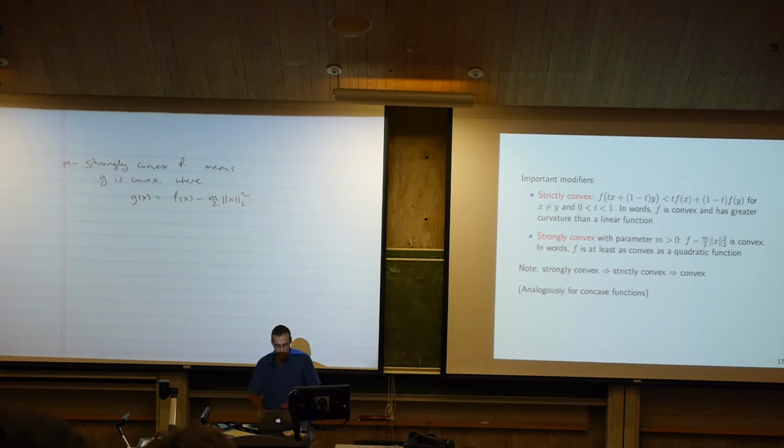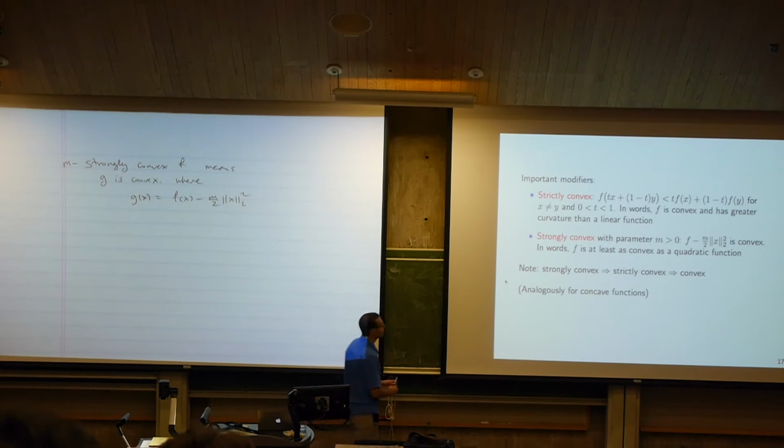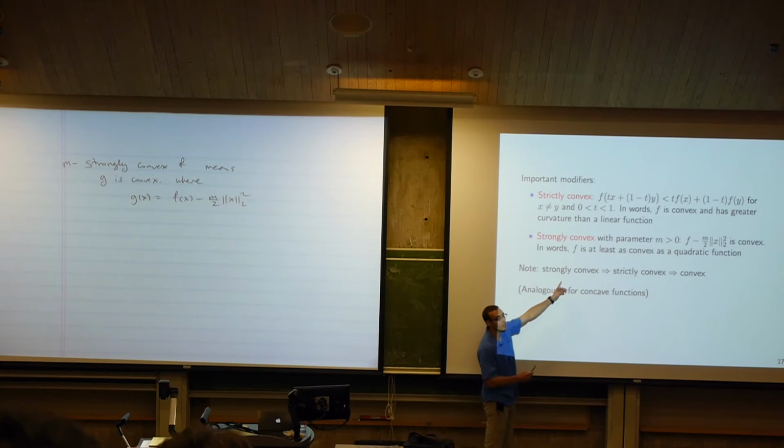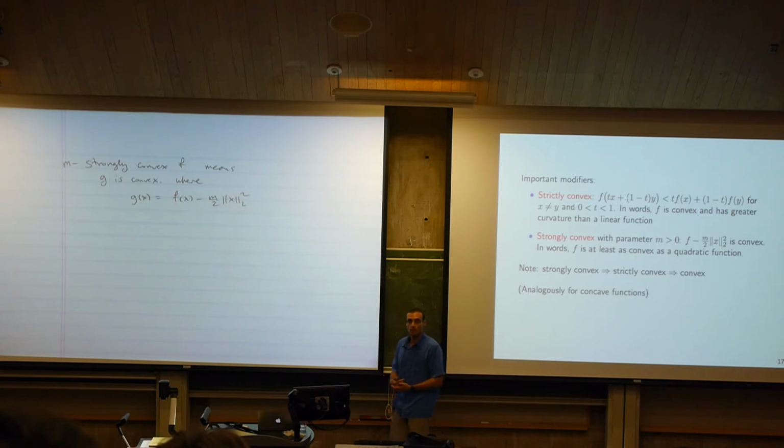And if you look at these definitions carefully, you'll see that strong convexity implies strict convexity implies convexity. So that's the strongest property. If a function is strongly convex, it's definitely convex, it's just more. And there's an analogous definition for concave functions: just apply everything to minus f, basically.